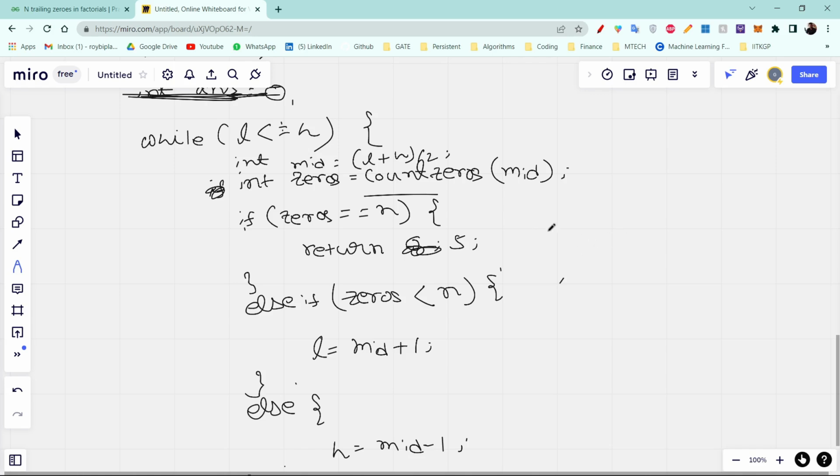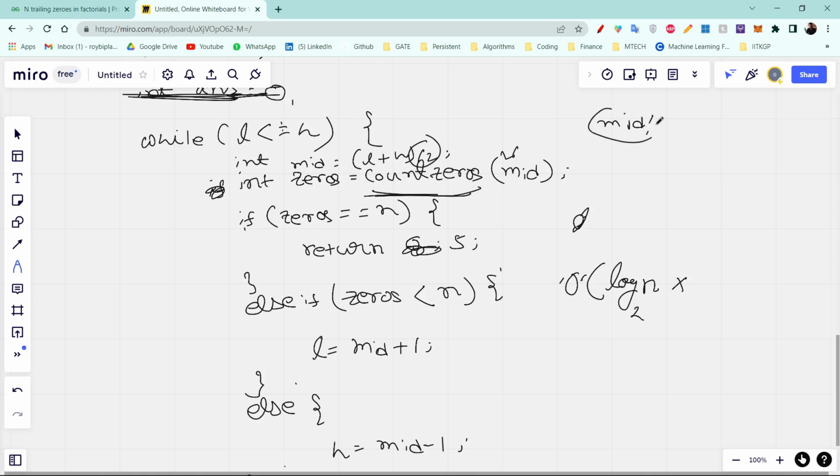Now let's discuss complexity. Obviously low and high are there and we are dividing by 2, so the complexity is log base 2 of the range 0 to 5n, that means n with a constant multiplication, into, in each case we are calling this function count zeros, which will calculate the number of zeros mid factorial has.